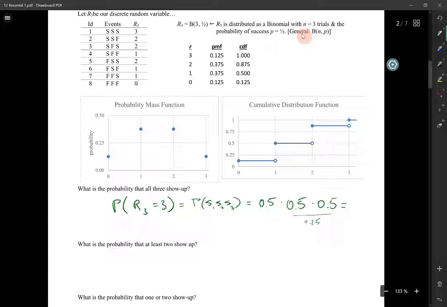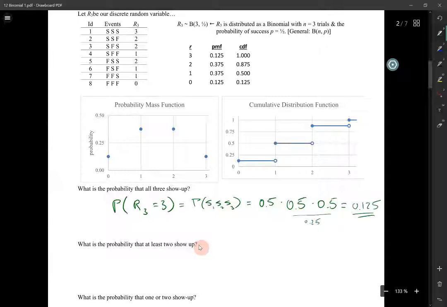So that's the probability that all three show up, because the first one shows up and the second one shows up and the third one shows up. And remember, when we had or, that was plus. However, when we have and, or intersection, that's multiplication. Okay.